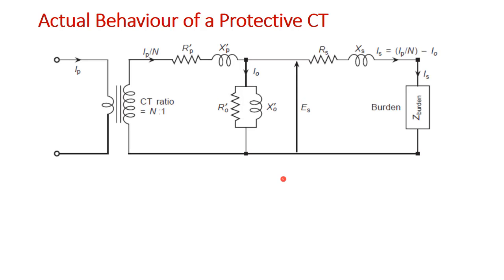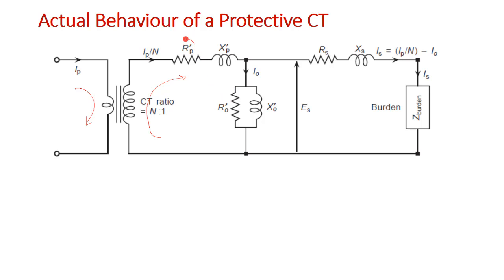This is in fact your CT. Here the primary current is flowing, and your secondary current, and we are showing here the equivalent circuit with the primary parameters referred to the secondary side.